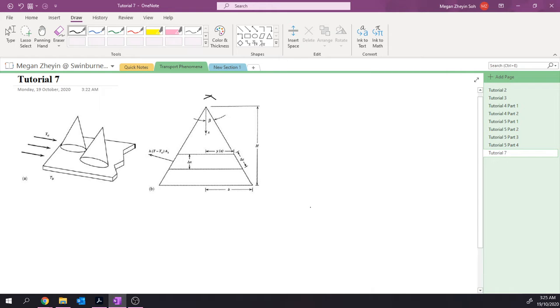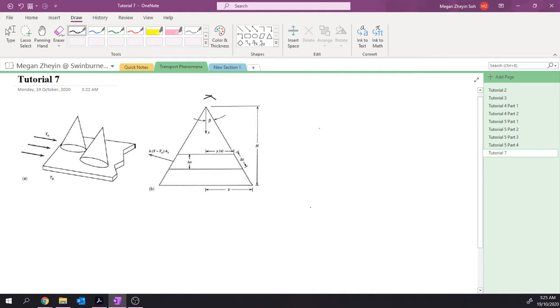So the heat is conducted along the pin axis and is lost through the perimeter of the incremental area.